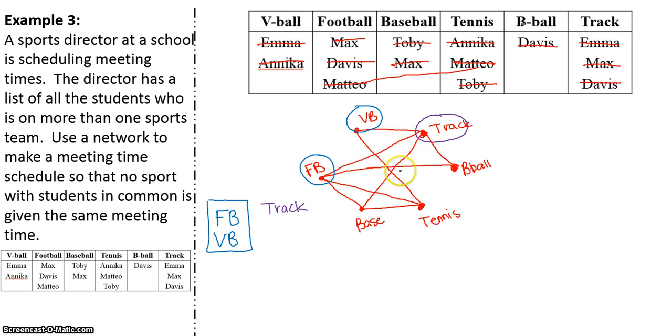It's attached to baseball and it's attached to basketball, but it's not attached to tennis. So track and tennis can be scheduled at the same time because they don't have students in common. So track and tennis match. And then the last two, baseball and basketball, they don't have anybody in common either. And so that means that those two meetings can be scheduled at the same time.